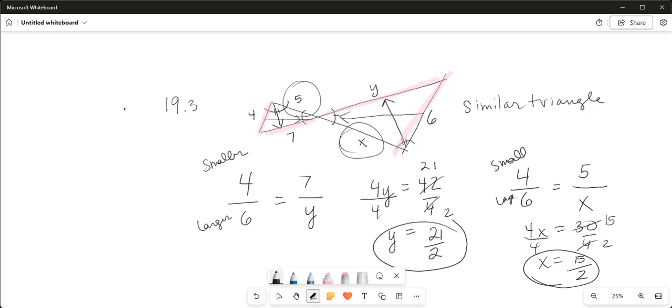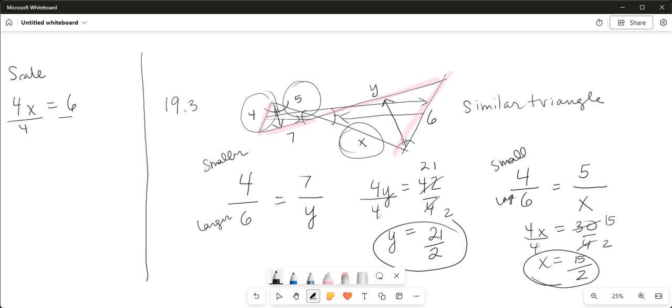Now, we can also solve this using scale factor. Scale factor means I look at this 4 and see what the multiplier is that gets me to that 6. So 4 times what equals 6? 6/4 is my scale factor, and I can reduce that. 2 goes into 6 3 times, and 2 goes into 4 2 times.